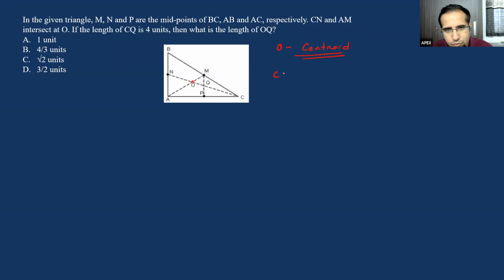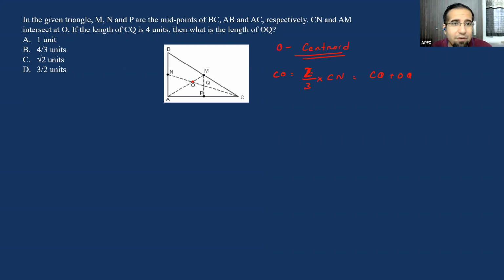Clear? So if O is the centroid, we can say that CO is equal to 2 by 3 of CN. Clear? And CO is also nothing but CQ plus OQ. Clear, guys? This is what we have definitely.